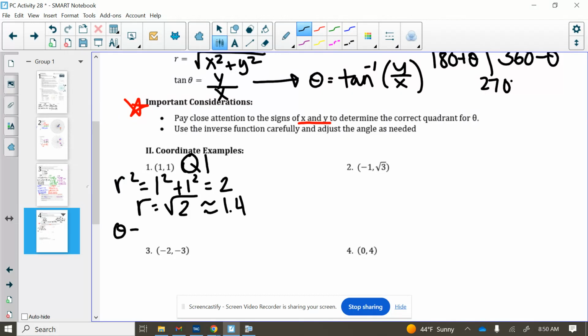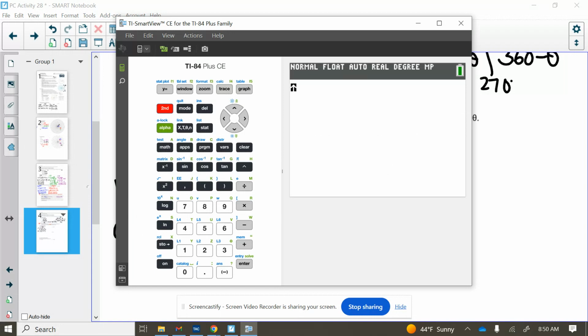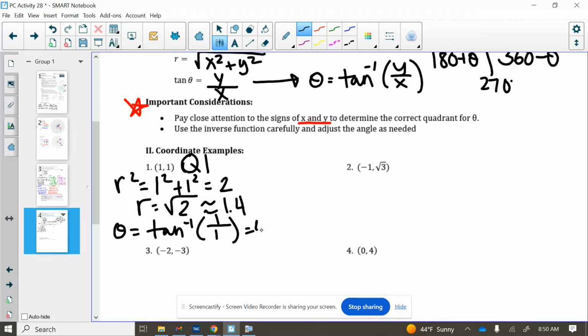The theta value then, we're going to end up taking tan inverse of our y-coordinate divided by our x-coordinate. So tan inverse of 1 divided by 1 is 45 degrees. And that value, 45 degrees, is a quadrant 1 value. So we can say square root of 2 comma 45 degrees as our final answer, or again, 1.4 for that rounded value, depending.